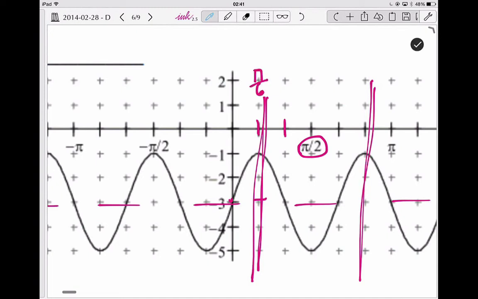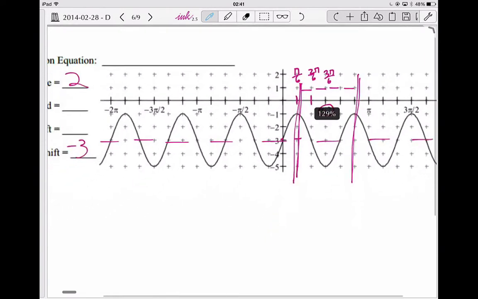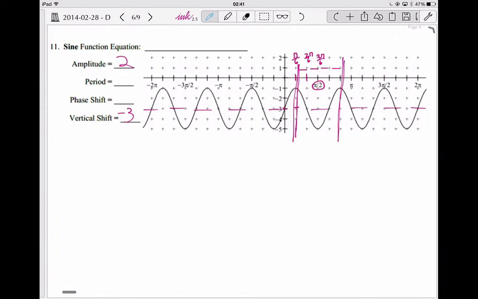We've got pi over 6, 2 pi over 6, 3 pi over 6, and yes, I know these reduce. So we go 1, 2, 3, 4 of these pi over 6. So our period is 4 pi over 6, which reduces to 2 pi over 3.